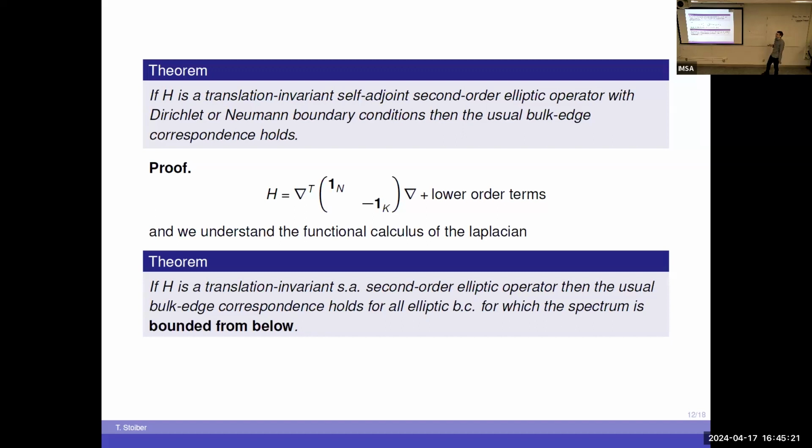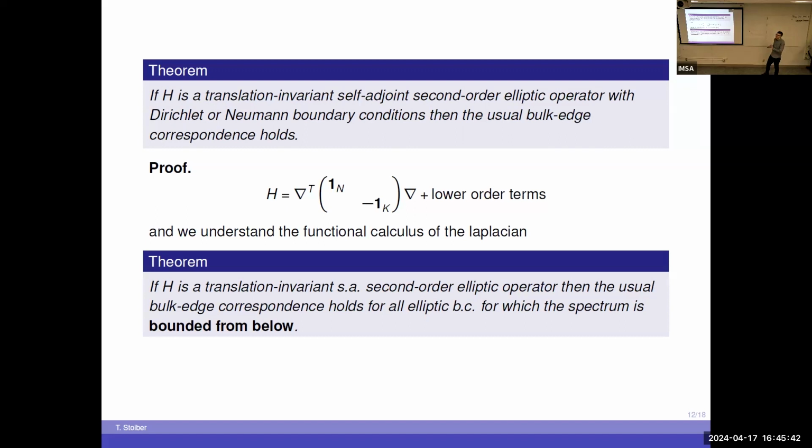Which is good, because in physics, of course, most of our realistic models are bounded from below. So this gives us the assurance that we usually won't get problems with the bulk edge correspondence. Okay, so these are nice positive results.